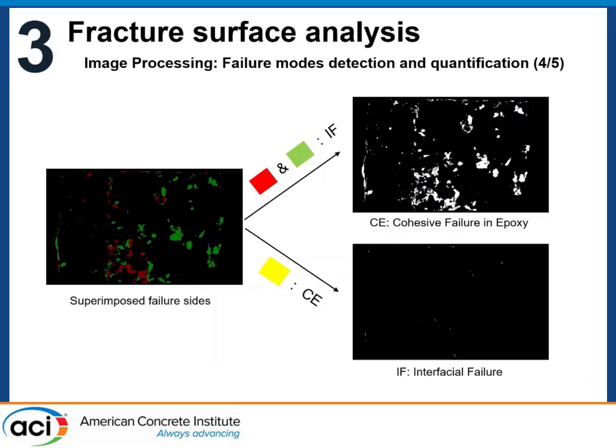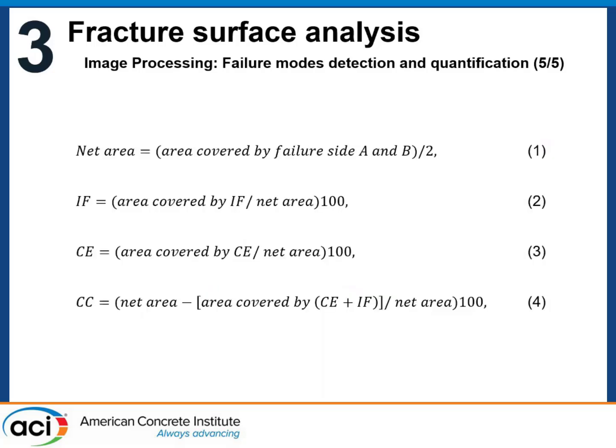So here's the last step, which is once you have the superimposed failure sides, then you can identify which ones are cohesive failures in the epoxy. You can superimpose those two images and get that information in locations and areas, and you can assume what this is not good. You can also look at the interfacial failure, which is the ones identified as yellow, which you can all see here with your eye.